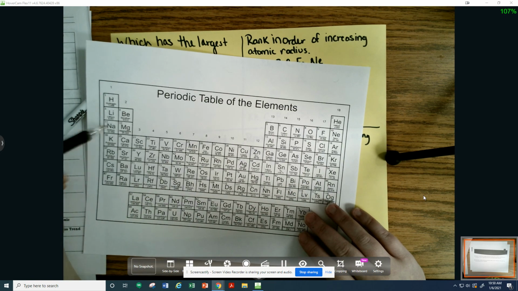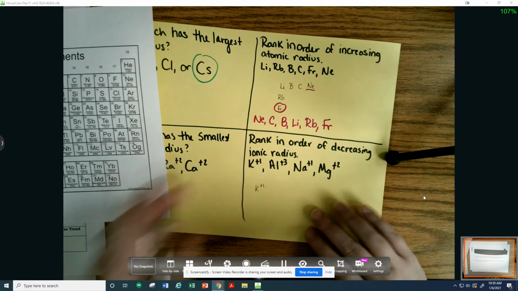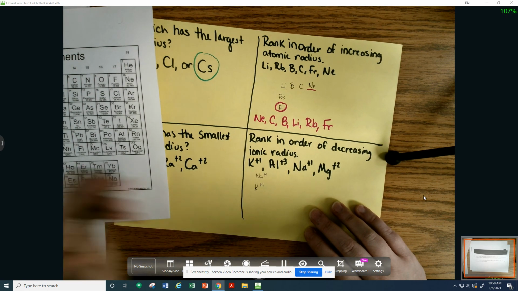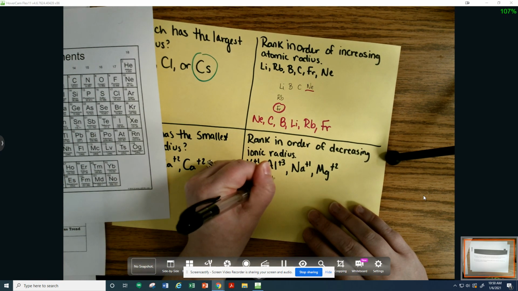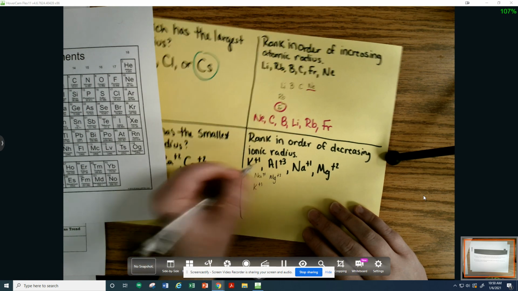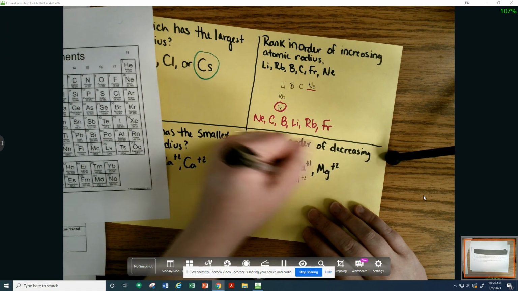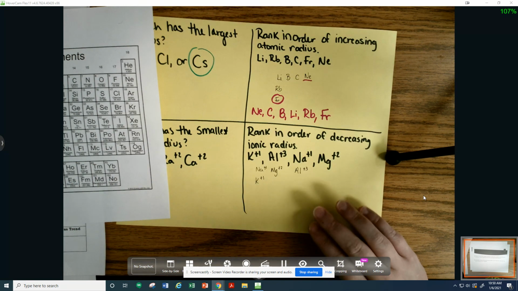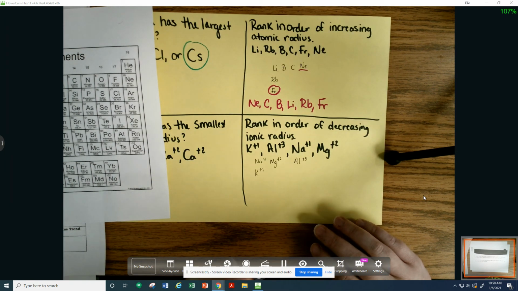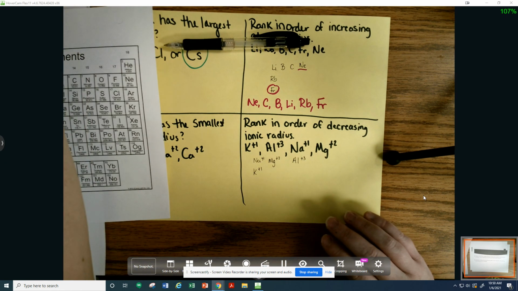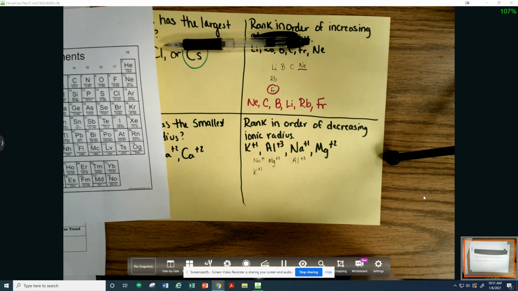So right above potassium would be sodium. And if I look, magnesium is directly to the right of sodium and aluminum is just across the way. So again, like up here, I've just arranged them kind of like they're on a periodic table to help with my arrangement.